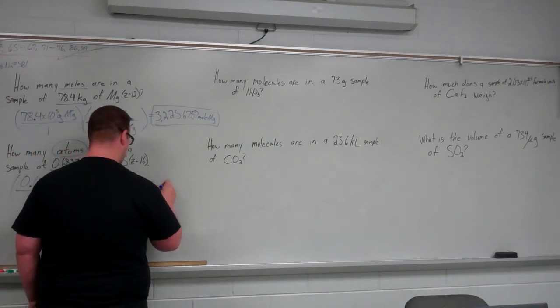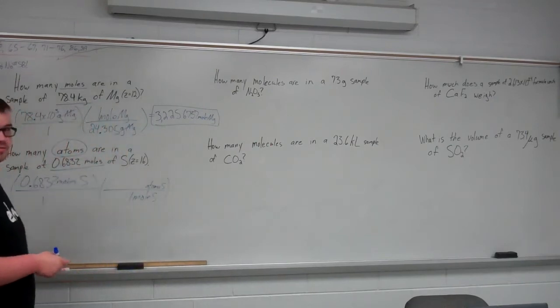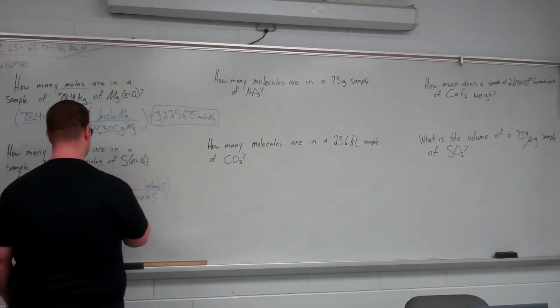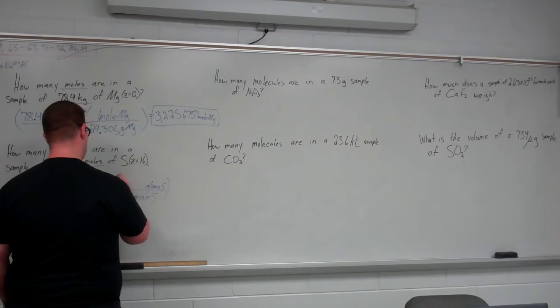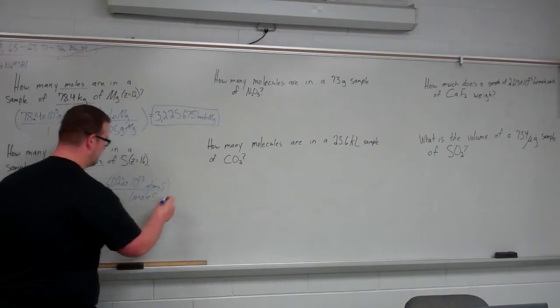There is a very special number by the name of Avogadro's number that you best remember, and it is 6.022 times 10 to the 23rd.